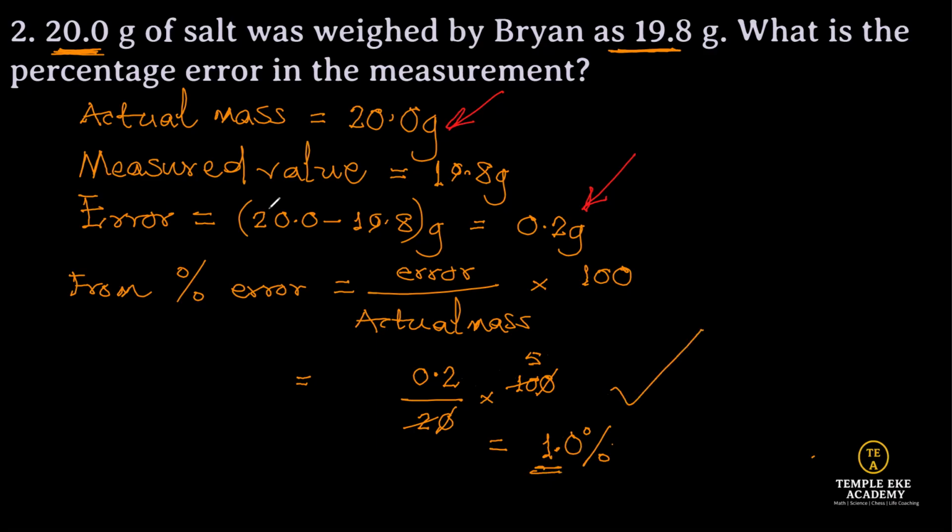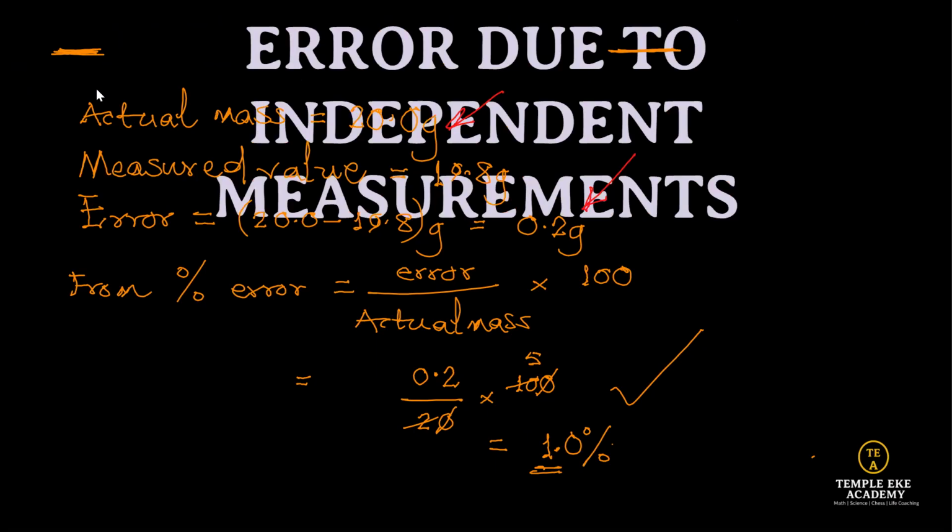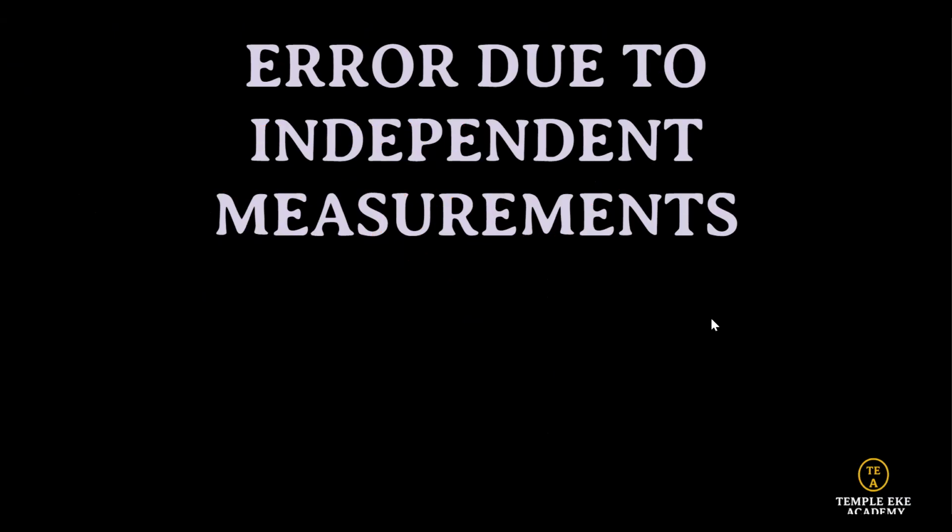Let's move on. We'll take on the next question. Now, in this area, we're going into percentage errors due to independent measurements. In this case, we're looking at measurements involving different parameters.